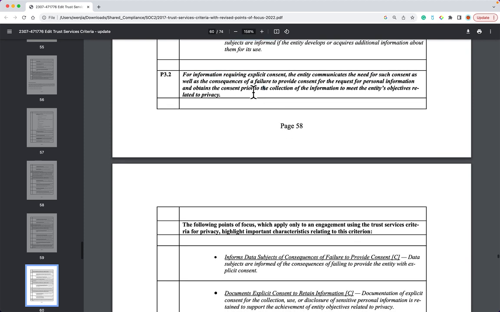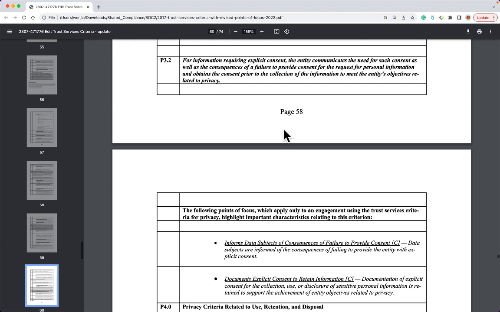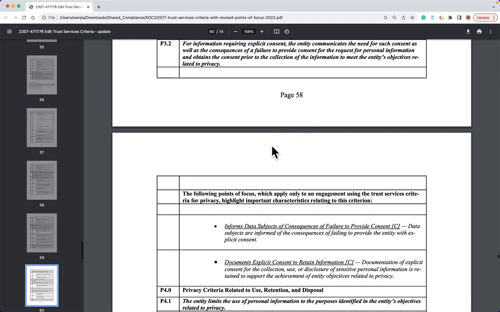So for any information which requires explicit consent, the organization needs to tell data subjects, and also if the user refuses, you need to tell the user what will be the consequence.